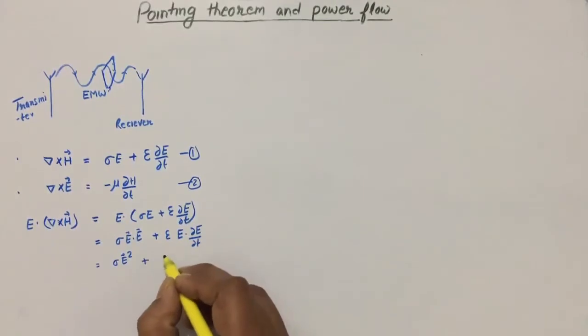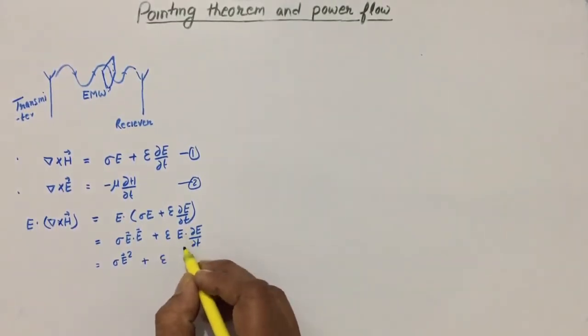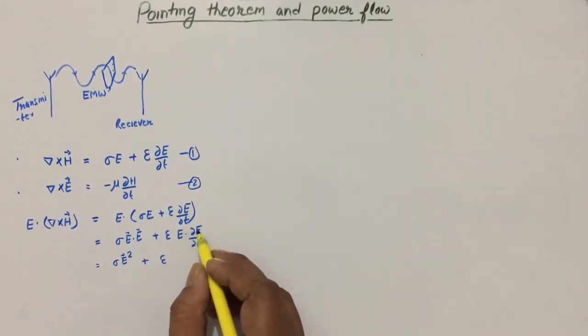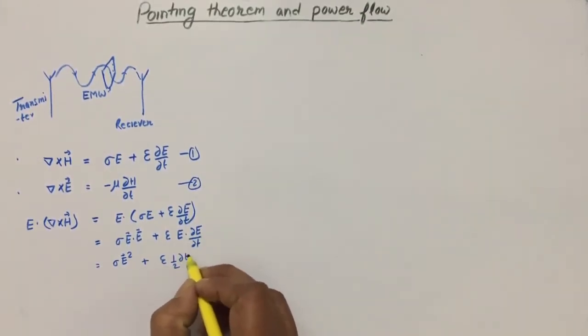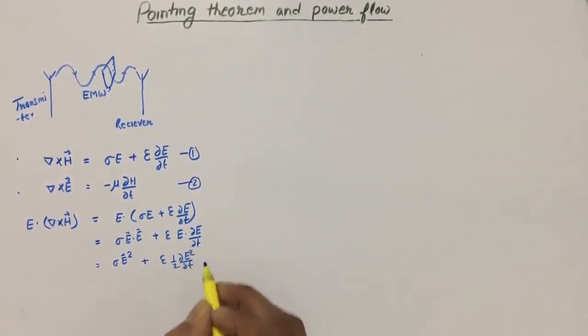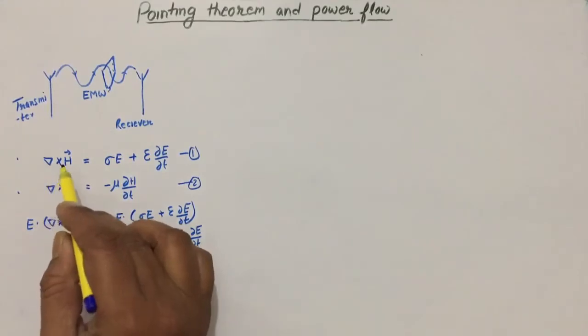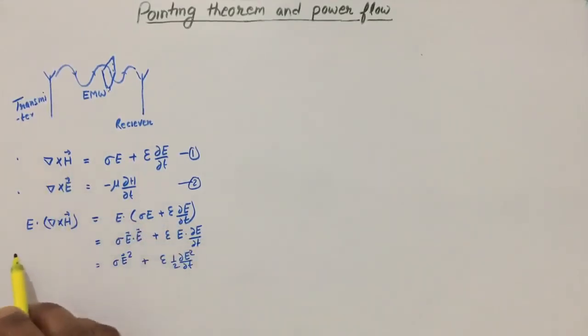Plus epsilon, if we bring it inside, can be written as half del E square over del T. So the first equation, when we do the dot product with E, gives us this equation.